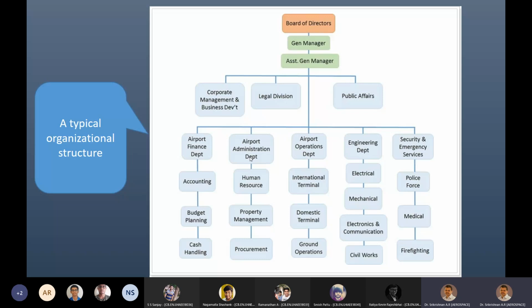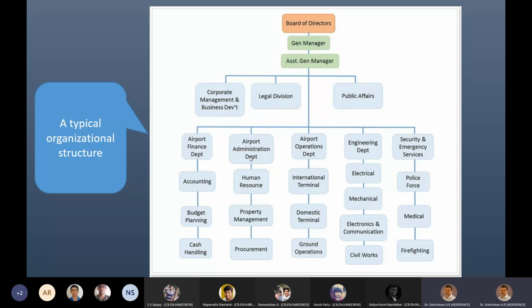Similarly, the engineering department, which basically takes care of all the electrical and mechanical. So when you say electrical, all the power systems, all the supplies, and the mechanical, the movement, the maintenance of the conveyors or anything that moves, all the mechanisms that will require attention of mechanical engineers.